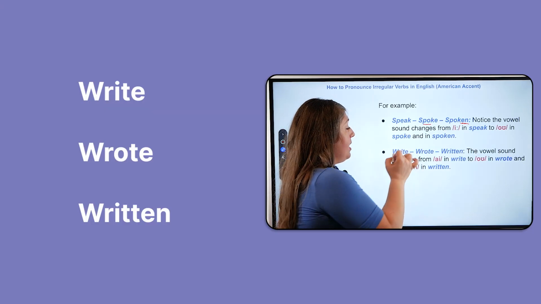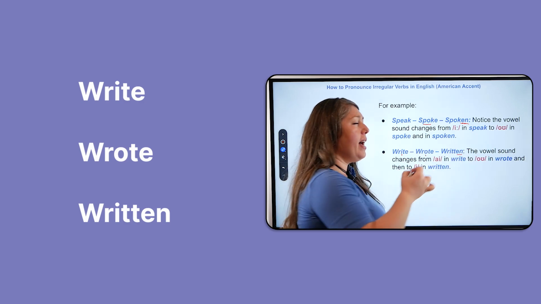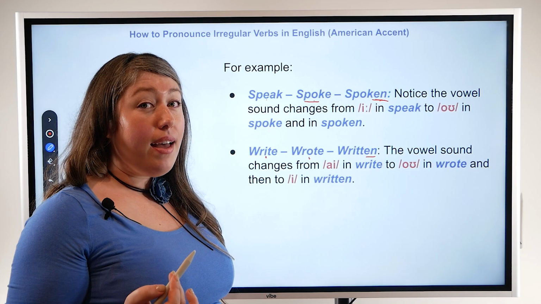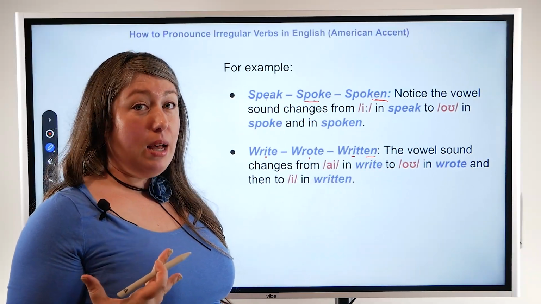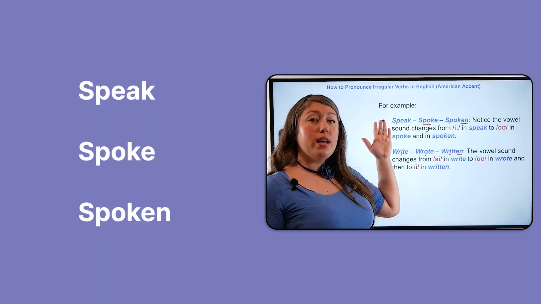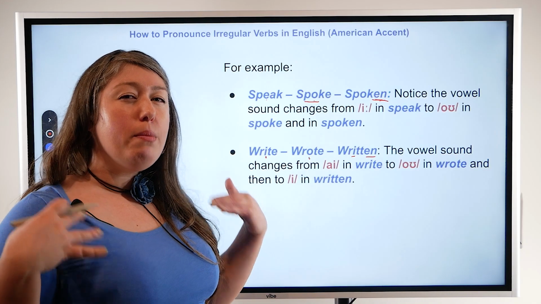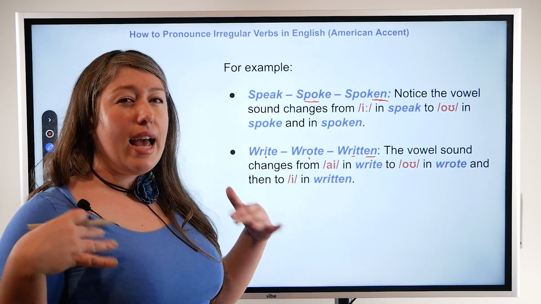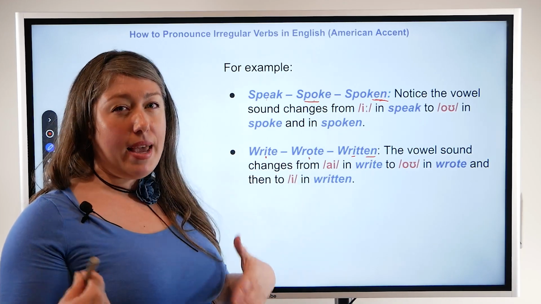The infinitive is write, simple past is wrote, and then we add the past participle en, but we have I here instead of an O, and the T doubles up. So here we have speak, spoke, spoken, and write, wrote, written. But just remember, it's usually the vowel sound that changes between the simple past and the base form of the verb.